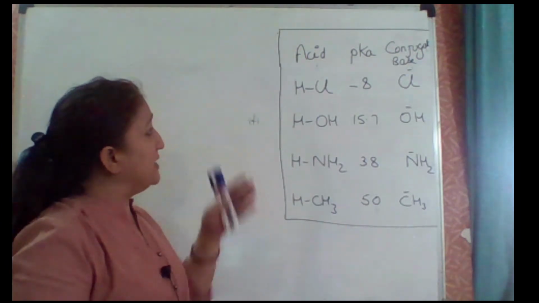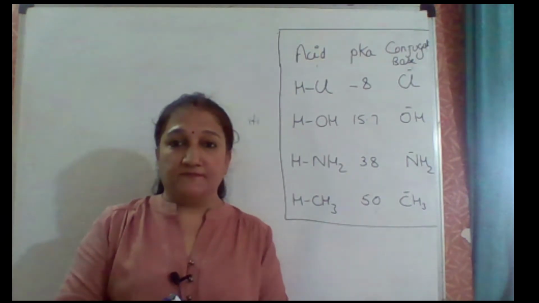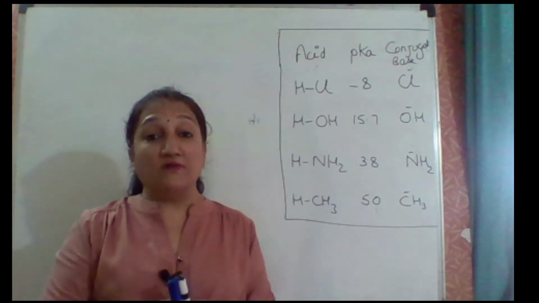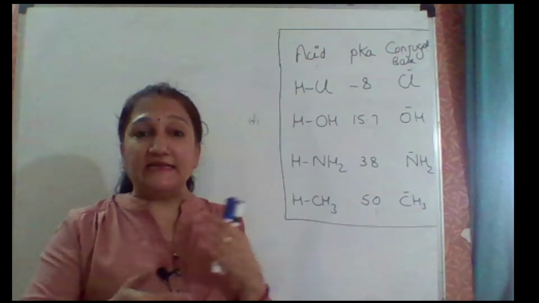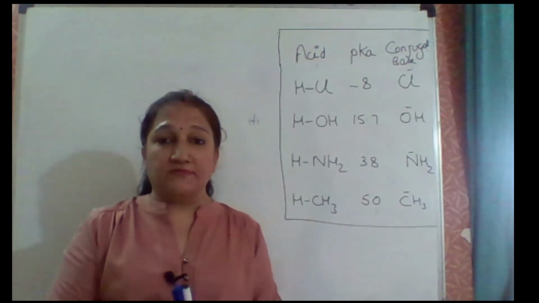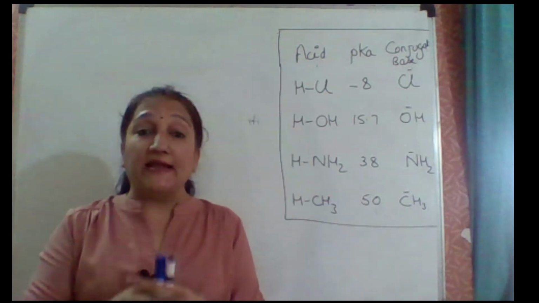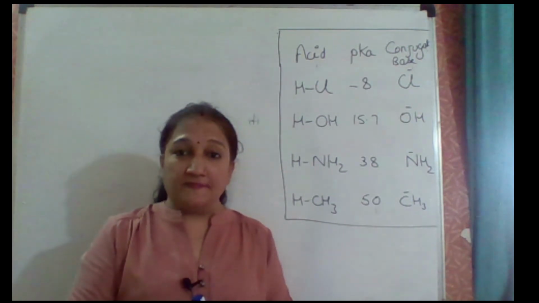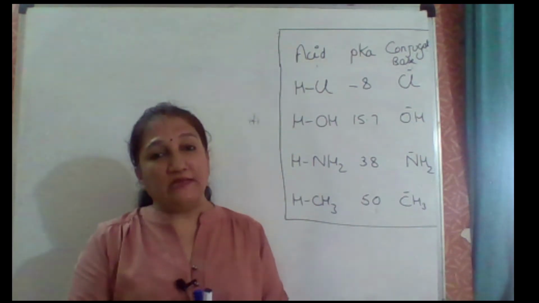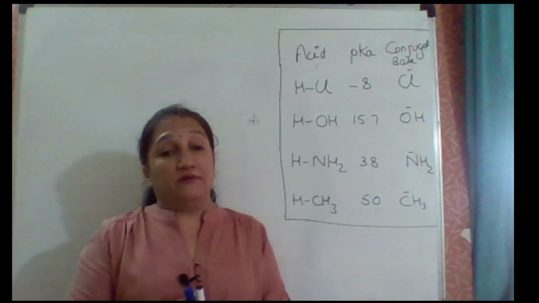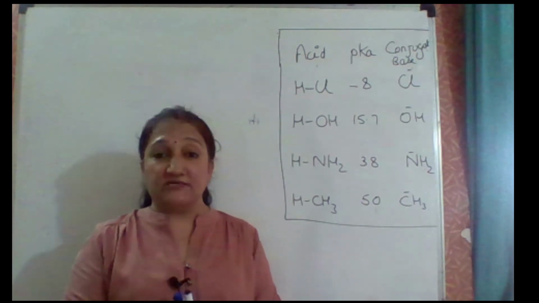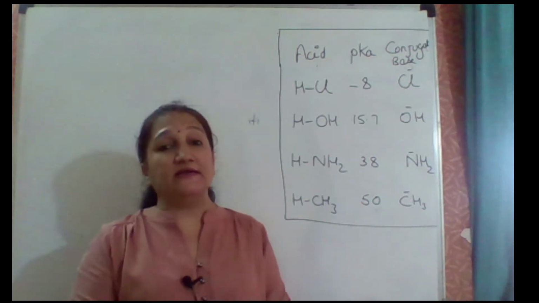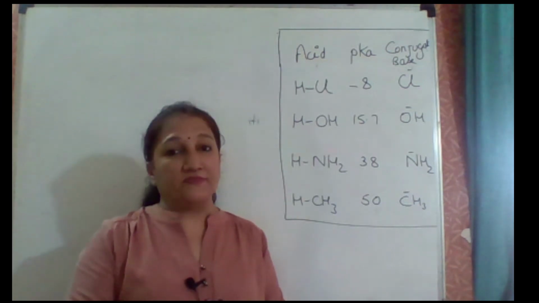Just by looking at the pKa values, we can identify the relative strength of acids and bases. These pKa values are of great importance in organic chemistry. By using these pKa values, we can also determine whether an acid-base reaction will proceed or not, whether it is a favorable reaction or not.